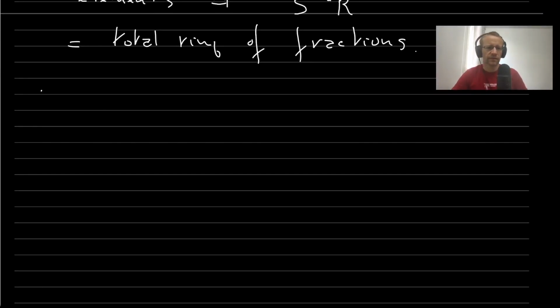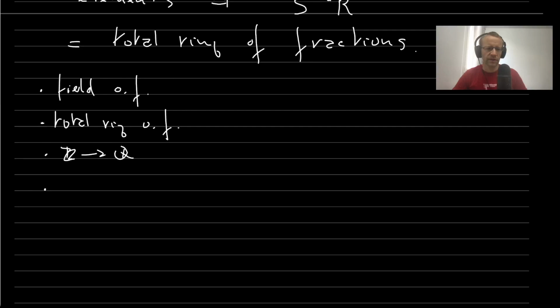So we already have the field of fractions. We have the total ring of fractions. We already gave the example where we went from Z to Q. So what are other examples?